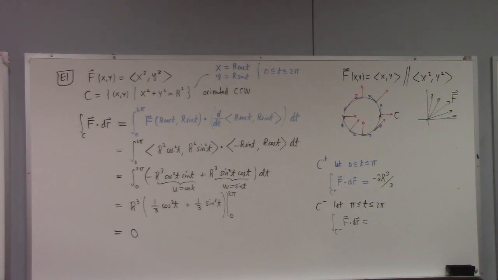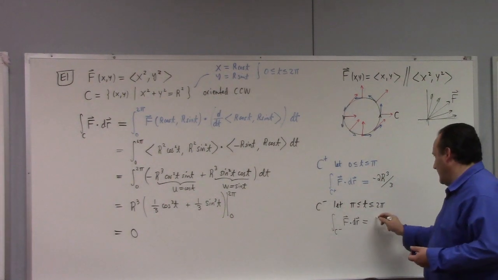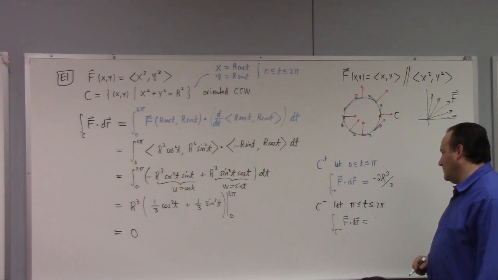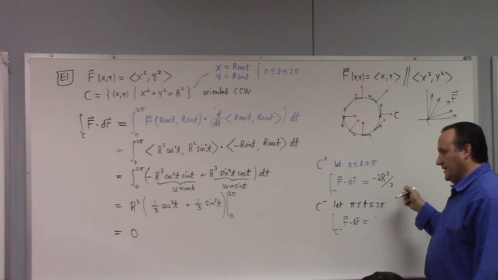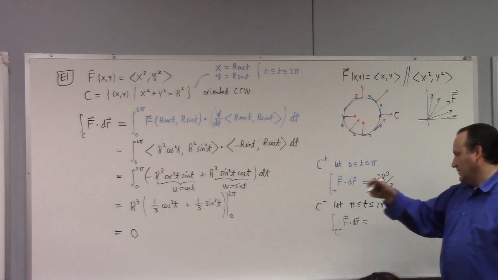Now here, pi to 2 pi, it's the same story, except now the pi is the upper limit. Wait a second. Yeah, that's fine. From pi to 2 pi, I have to do the evaluation from pi to 2 pi.